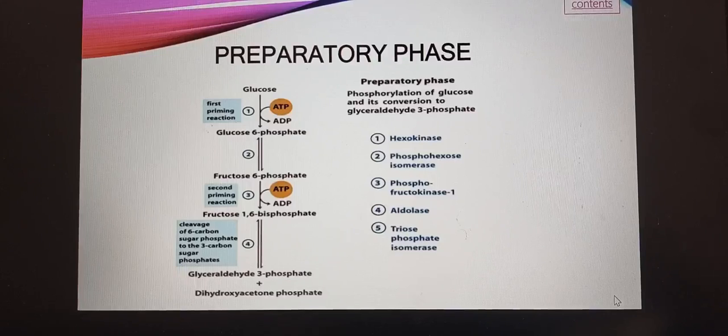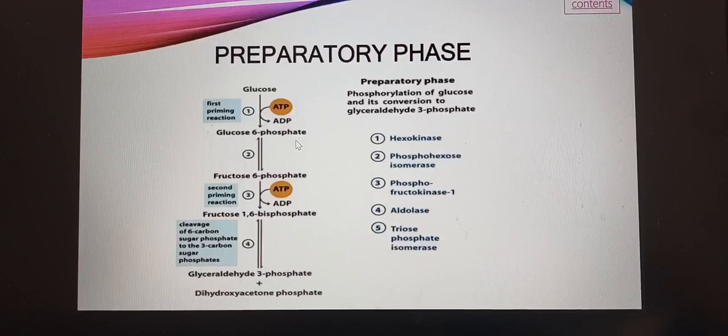In the first step of glycolysis, glucose is converted into glucose 6-phosphate by the transfer of a phosphate group from ATP to carbon number 6 of glucose. Here we can see that the phosphate group is transferred from ATP, which is converted into ADP. This is the first step, and we got glucose 6-phosphate. It is not reversible.